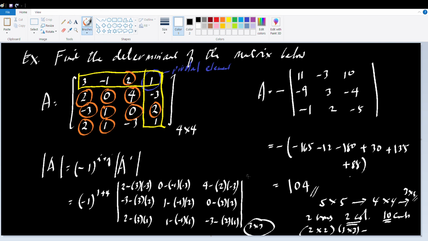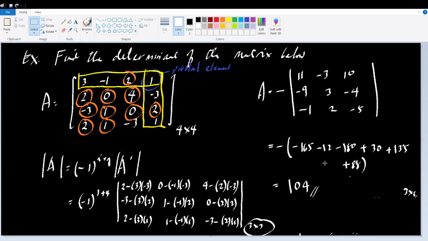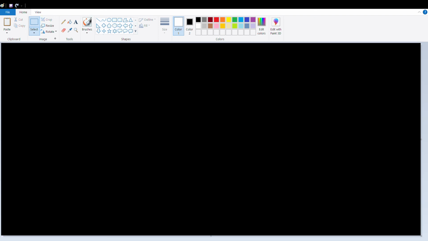So far, the pivotal element method offers the easiest or the shortest way of finding the determinant of a matrix. So will you try finding the determinant of the given matrix?